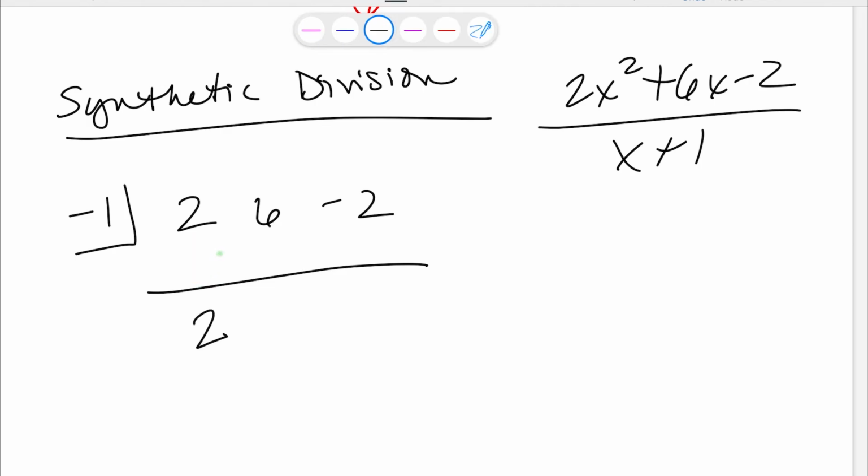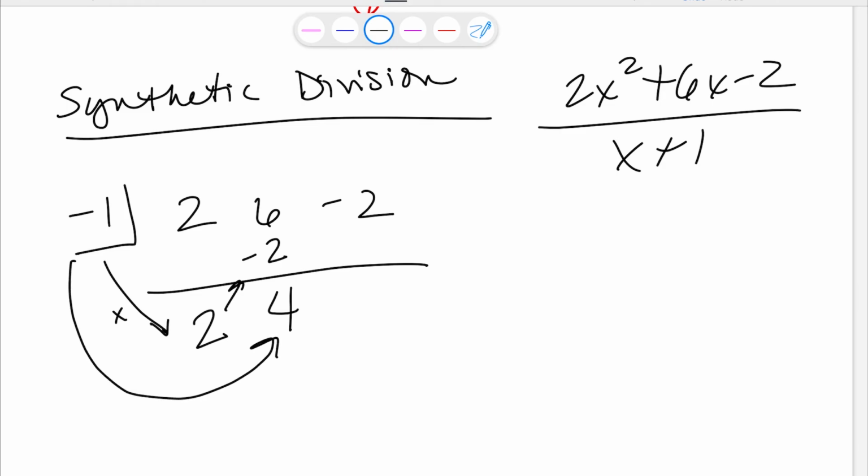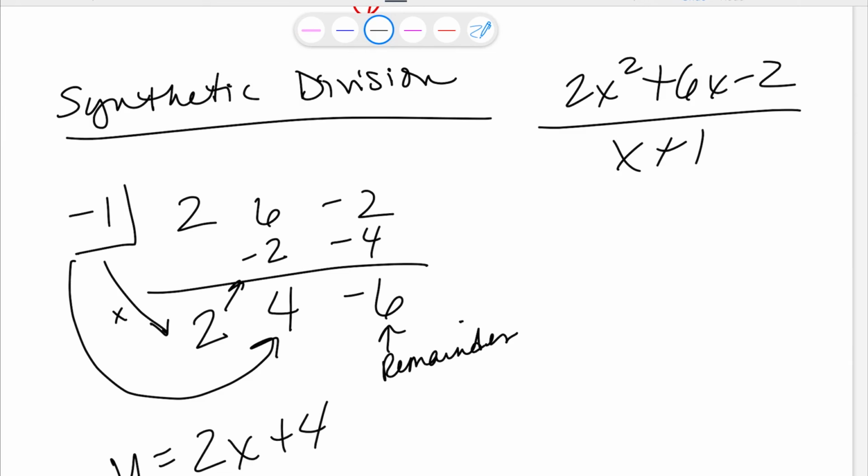So now I have 2, and then you multiply these together to give me a -2, and then you add those up. Then you do it again. Multiply those together to give you a -4, and then you add those up. This is your remainder. And then you have your coefficients over here. So y is equal to 2x plus 4.